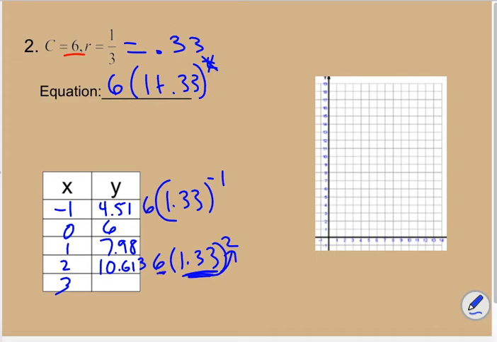So for 3, I'm going to get 14.116. So graphing, at -1, I'm going to be at 4.5. At 0, I'm going to be at 6. At 1, I'm going to be at 7.98, so basically at 8. At 2, I'm going to be at 10.6. So that's going to give me an idea of what my graph will look like.